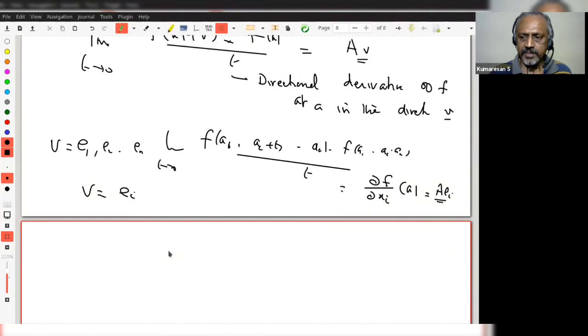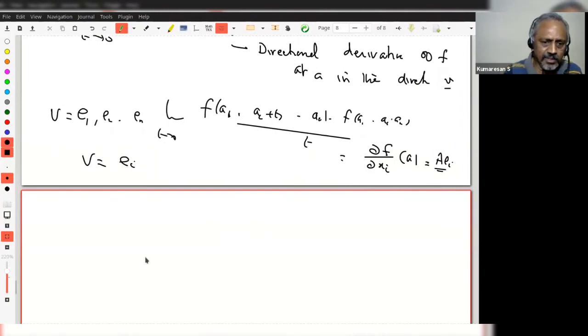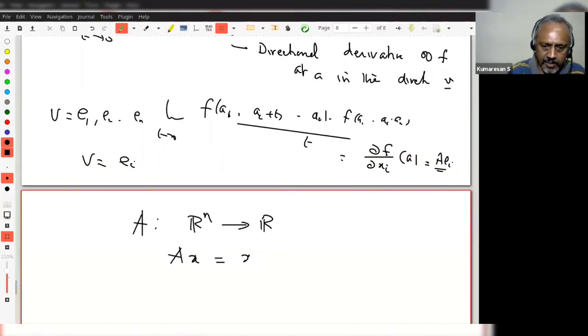Now there is a dividend, a very heartwarming dividend. Notice that A is a linear map, right? It's a linear map from Rn to R, right? Therefore, we know any linear map A is of the form Ax equal to x dot alpha for a unique vector alpha in Rn.